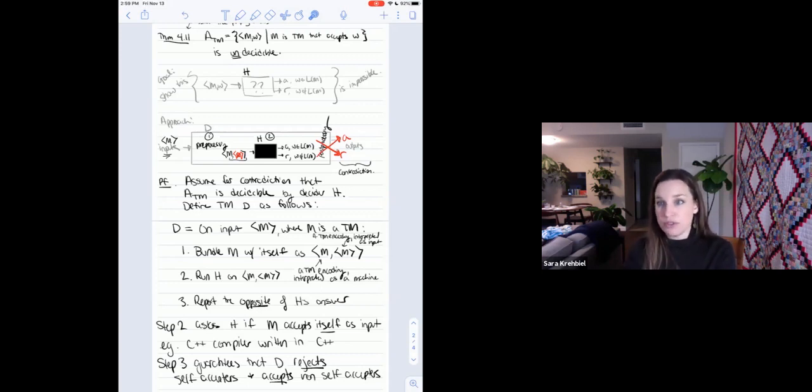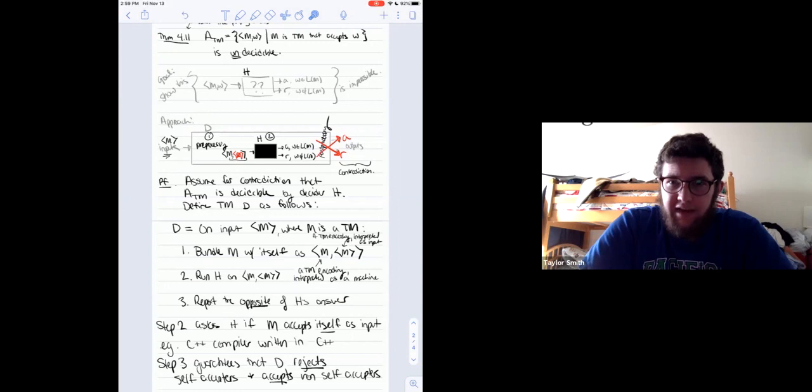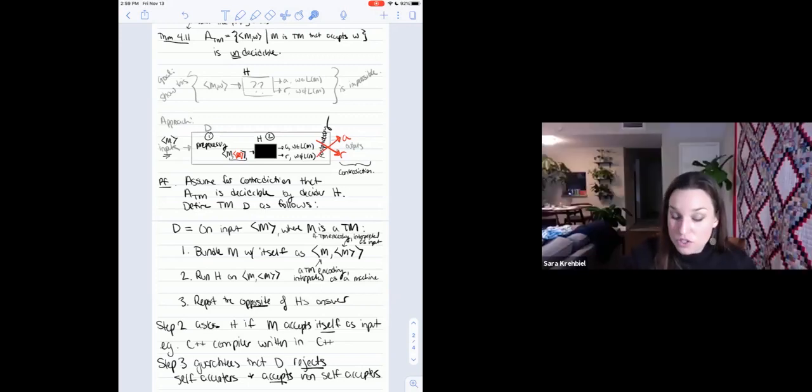I'm going to tell you whether the machine accepts the string. Okay. And so when we say ATM is undecidable, we're saying it can't decide if M accepts W? Yeah, we're saying that there is no generic algorithm that knows how to look at any possible machine and any possible input and determine whether that machine accepts that input.